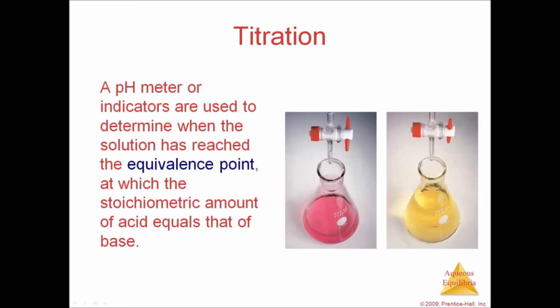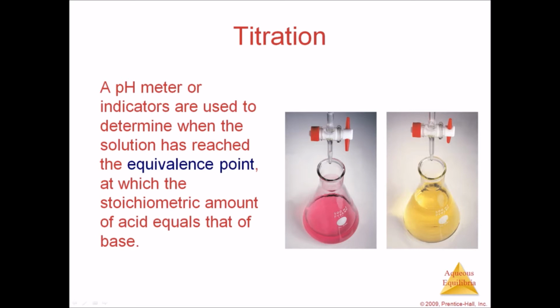Indicators can have various ranges, anywhere from things that are acidic to things that are quite basic. Phenolphthalein is a good example with a pH range change of between 8 and 10, whereas we could have something like bromothymol blue, which changes around 7.